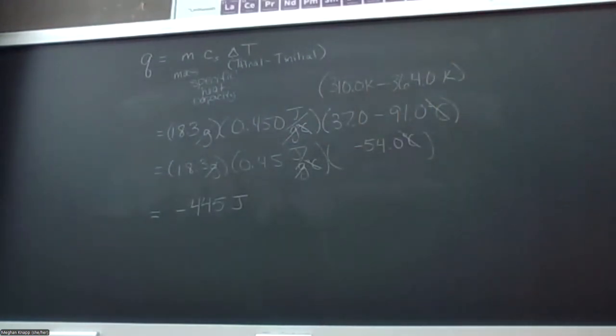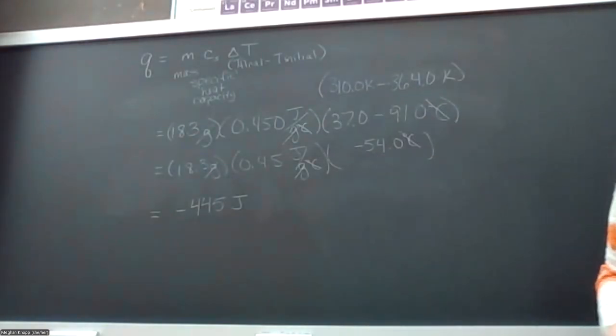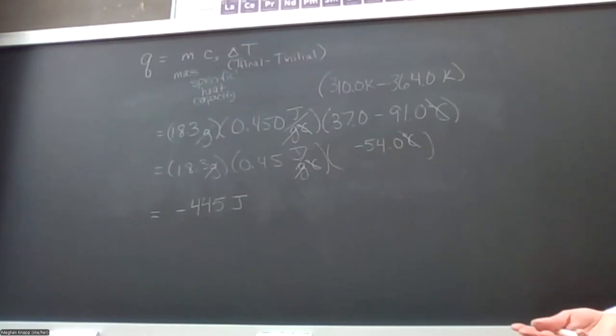And if I subtract those two, I'm going to have basically 64 minus 10. I'm going to end up with that same negative 54. Okay, so it's the same either way.